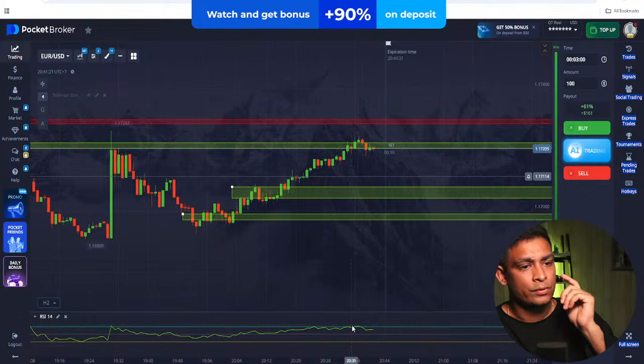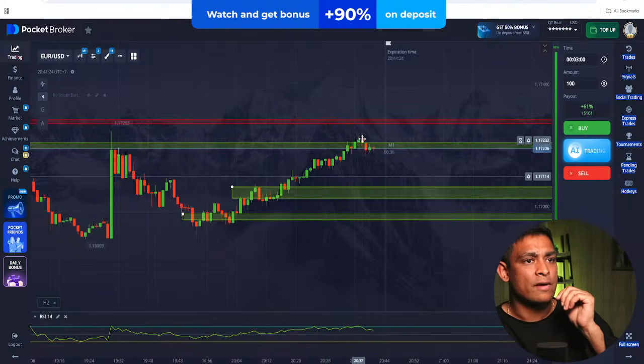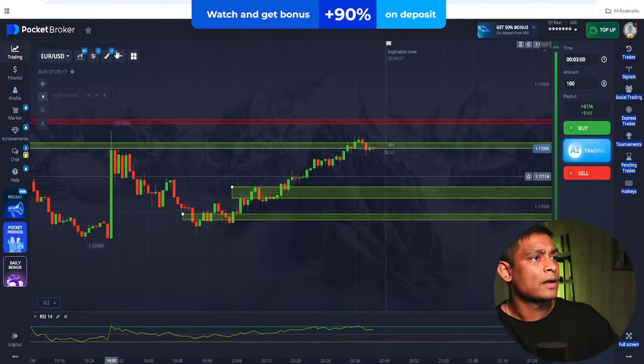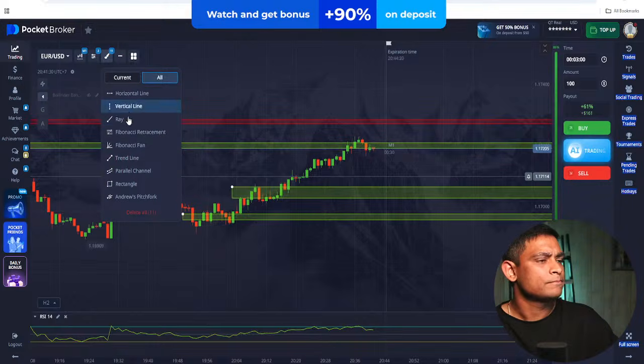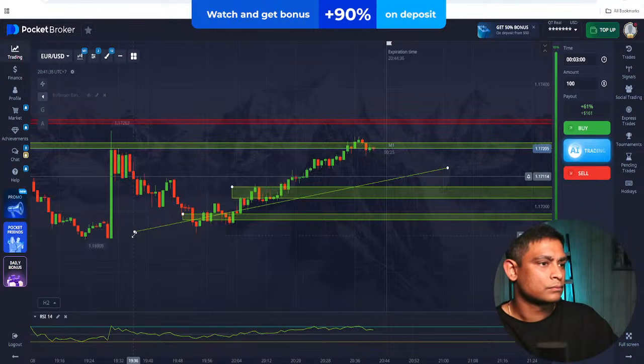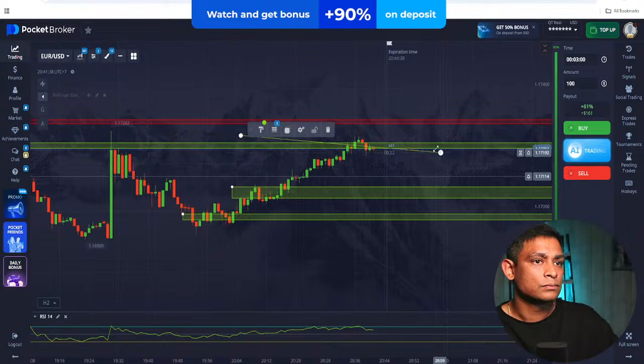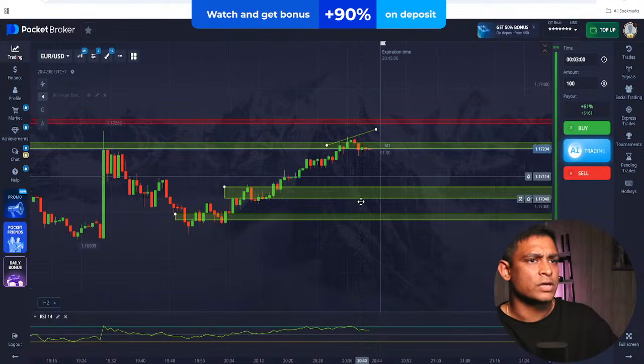Here we have a downhill and here we have an uphill. Okay, this is how it has formed as of now.